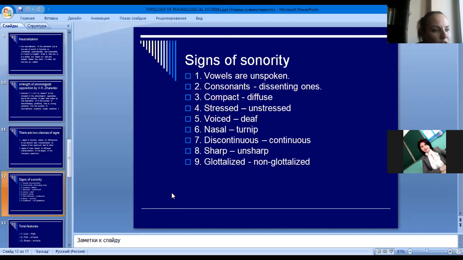In terms of articulation, compactness corresponds to anterior articulation and diffuseness corresponds to posterior articulation.